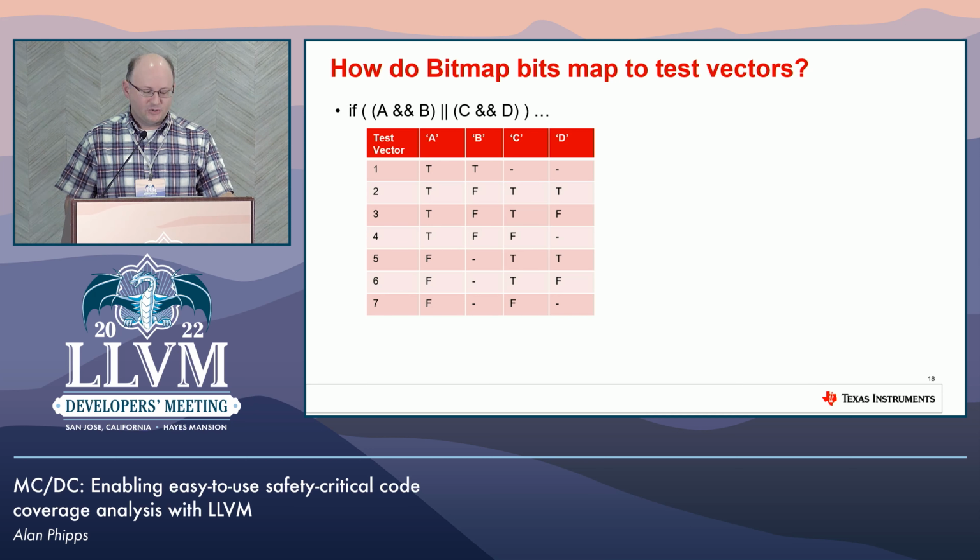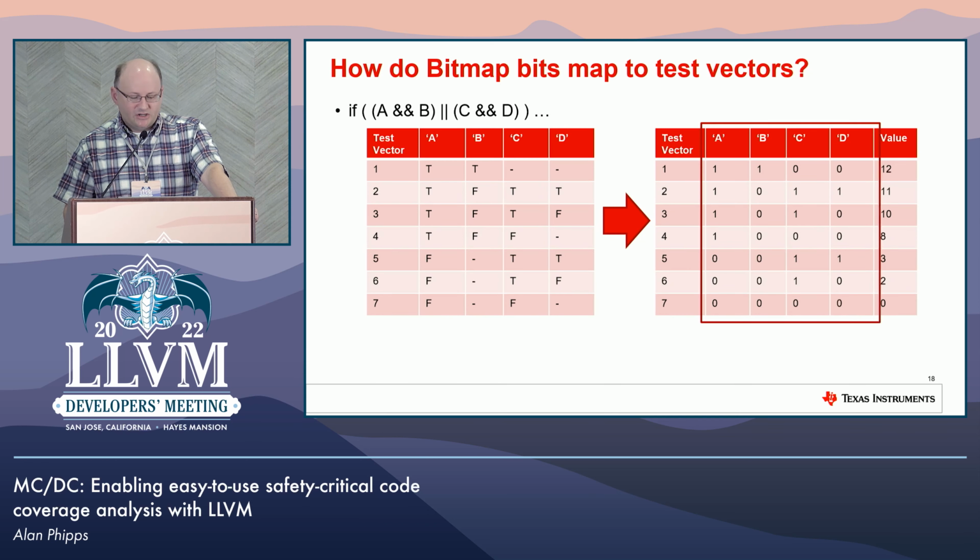Now you can think of the true and false outcomes of each condition as simply a binary map, where each true condition is simply a 1 bit, and each false condition is simply a 0 bit. And if it's skipped, if it's unevaluatable, you just leave that at 0. What you end up with, from the evaluation of all the conditions, is a unique ID that identifies that test vector.